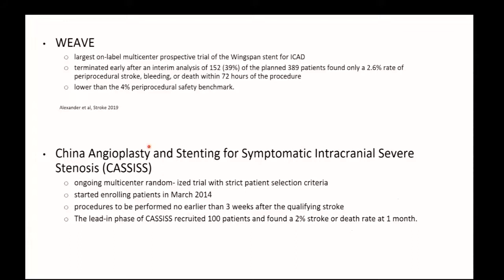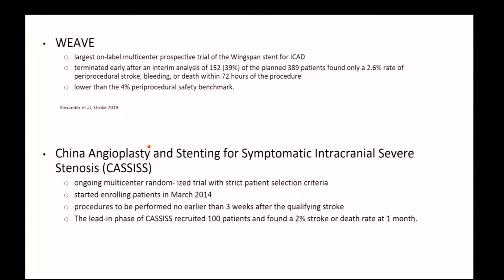The WEAVE registry was the largest on-label multi-center prospective trial with the Wingspan, and it was terminated early after interim analysis of 150 patients, showing only a 2.6% rate of peri-procedural stroke, bleeding, or death within 72 hours.